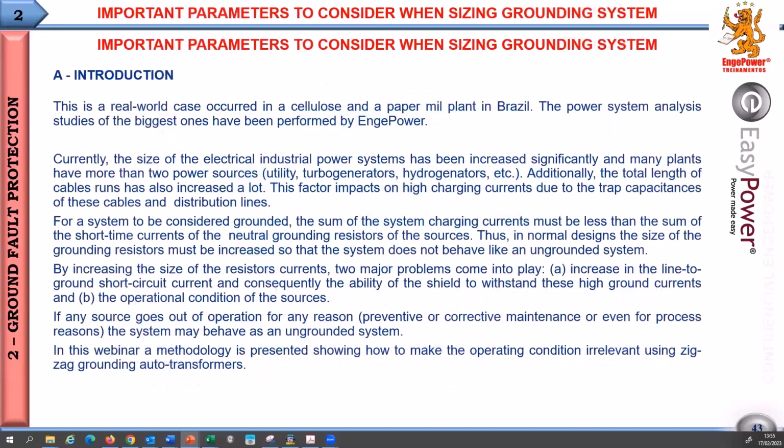So, for newer paper and pulp mill plants, the most simple solution is to raise the resistor amps. But sometimes doing just this is not enough.